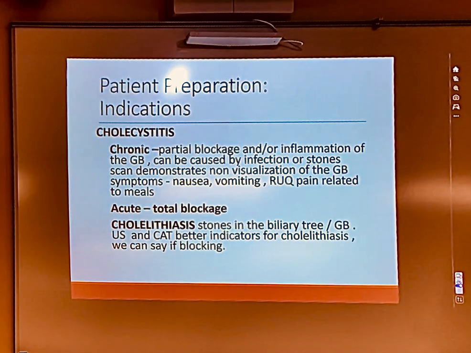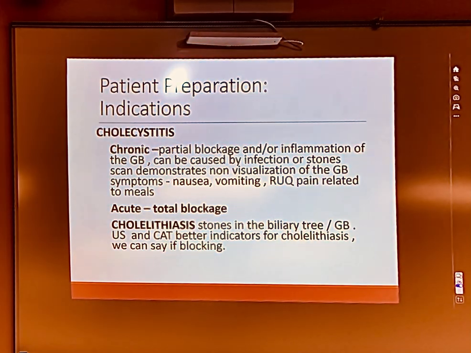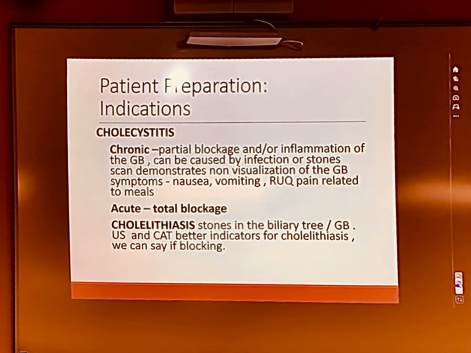At that 2-hour mark post-injection, now you know something is up with the gallbladder, because up to 2 hours is a normal variant. If your patient hasn't eaten in more than 24 hours, sometimes the gallbladder has delayed visualization. Sometimes if they're on certain medications, it has delayed visualization. So up to 2 hours is still considered a normal HIDA scan.